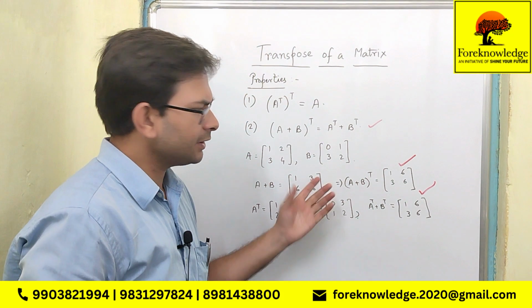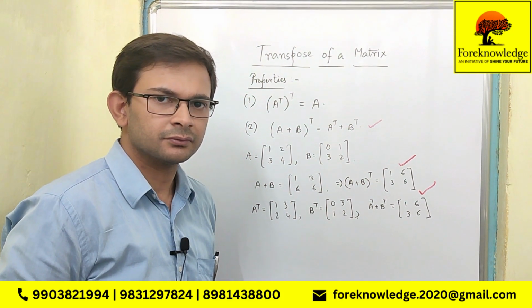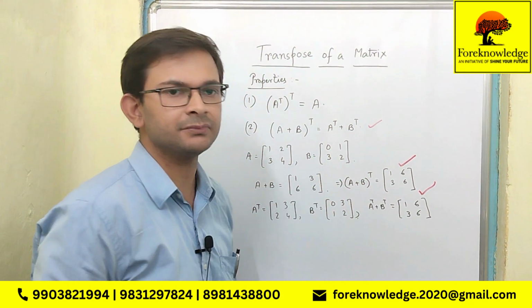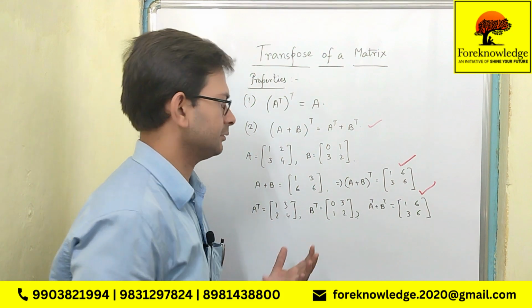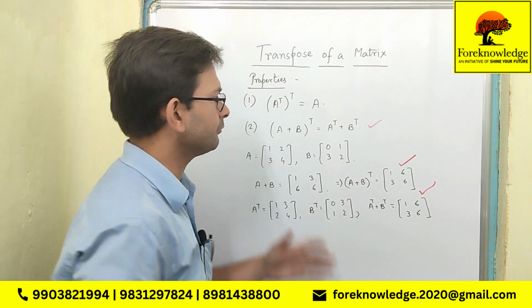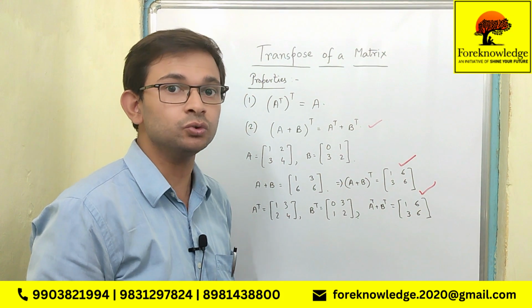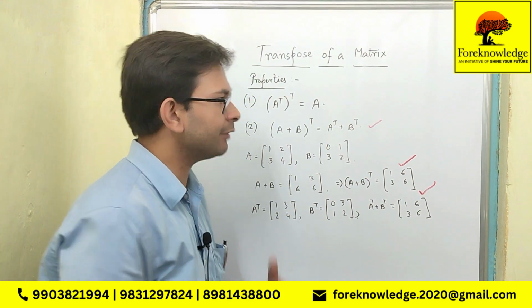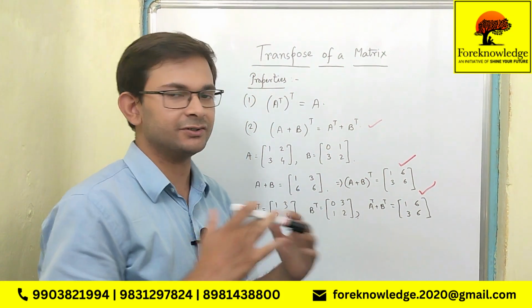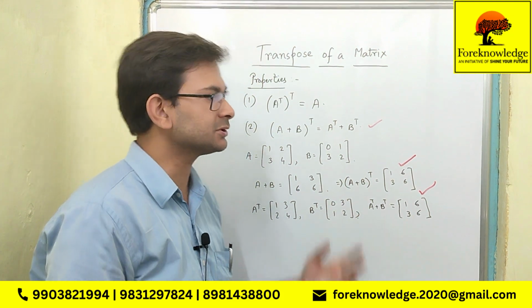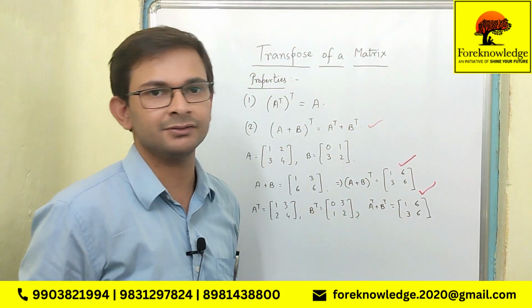Why am I saying verified and not proved? Because in order to prove something, you have to take a general concept. That means you have to take two general matrices, apply the matrix operations and then transpose, and then get to the final result.